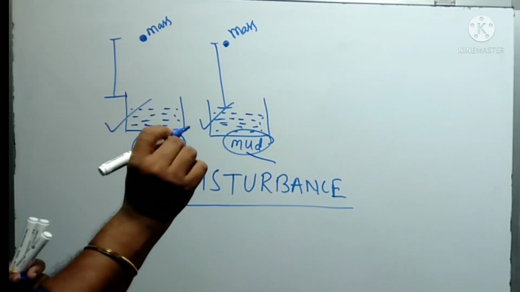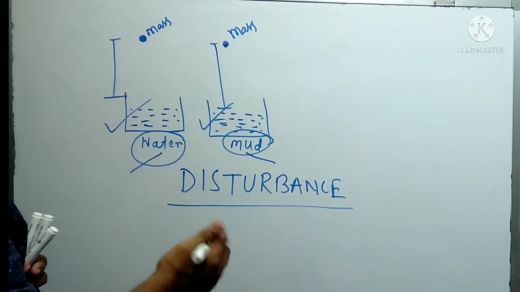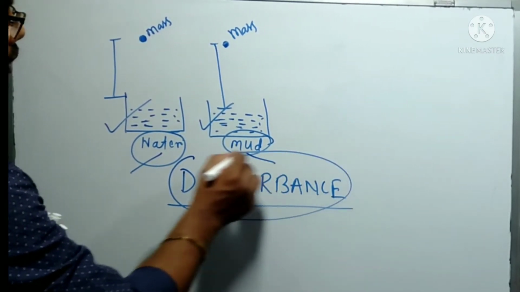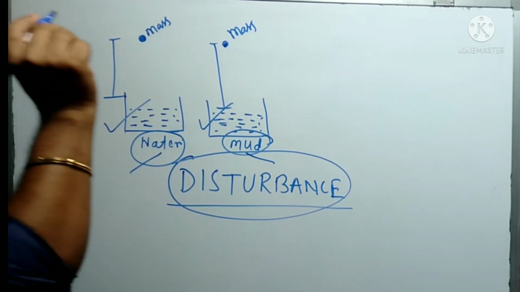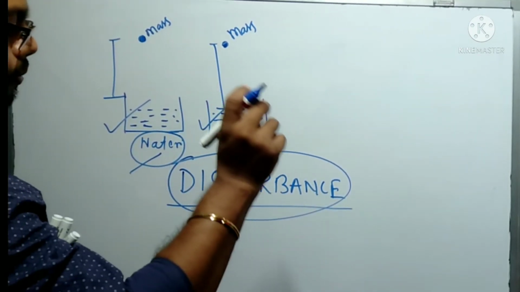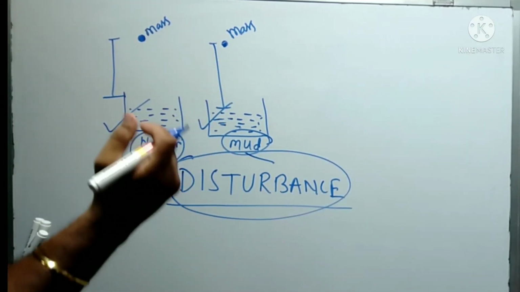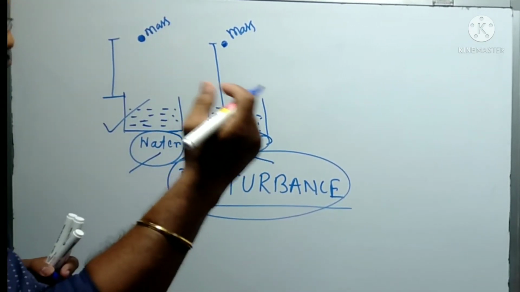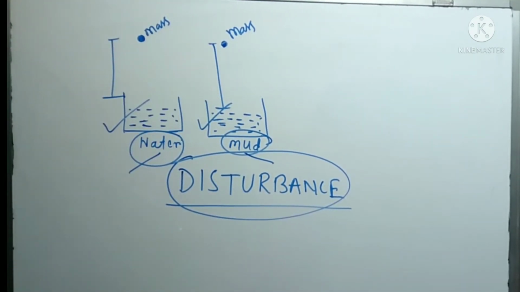In case of kinematic viscosity, what happens? It tries to diffuse the created disturbance in the fluid molecules. Remember, the created disturbance in the fluid molecules will be diffused by the fluid, and this property is known as kinematic viscosity.